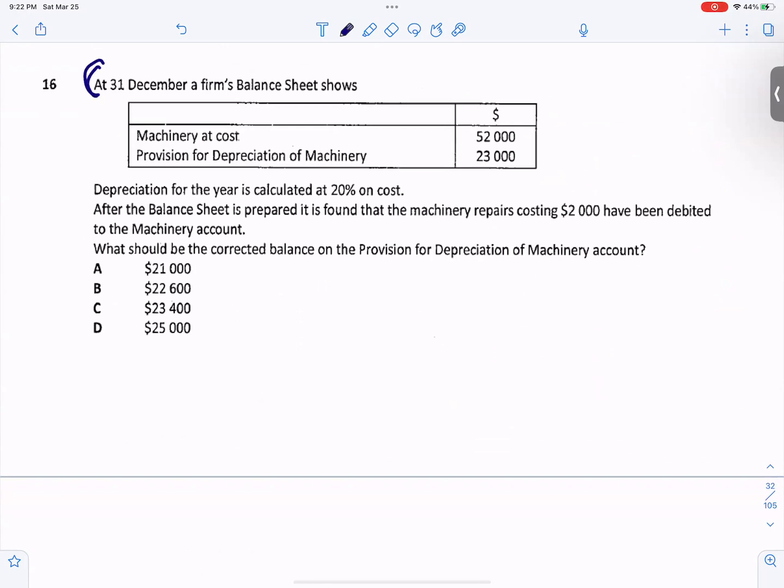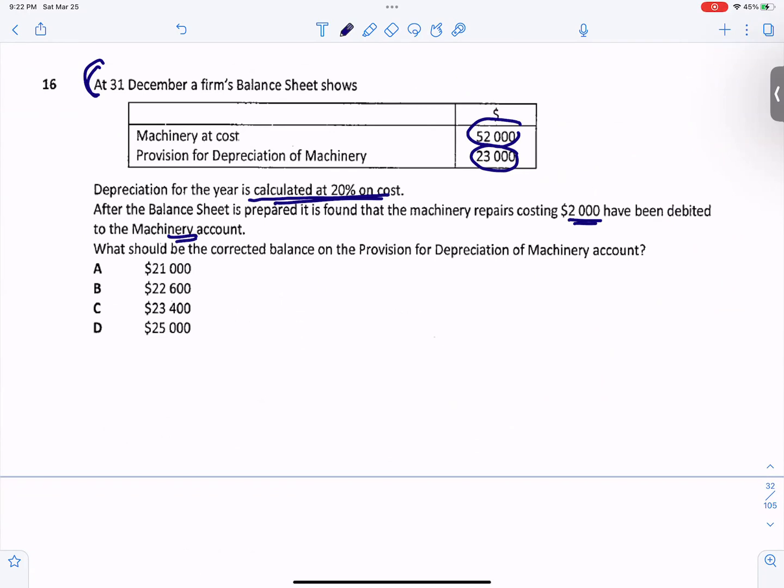At December 31, a firm's balance sheet shows machinery at cost 52,000 and provision for depreciation on machinery 23,000. Depreciation for the year is calculated at 20% on cost. After the balance sheet is prepared, it is found that machinery repairs of 2,000 have been debited to the machinery account.